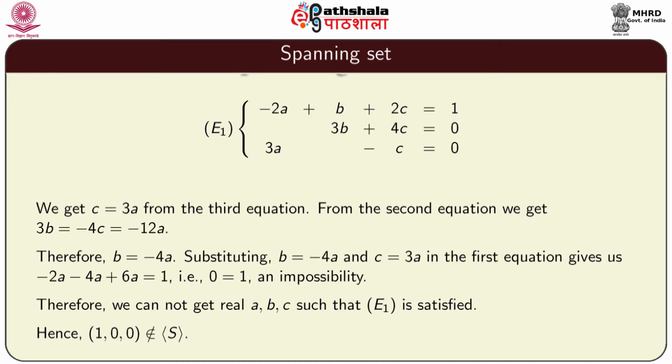It is simple enough to see that the third equation implies C equal to 3a, and then the second equation shows you that 3b must be minus 4c, and C being 3a, 3b has to be minus 12a.